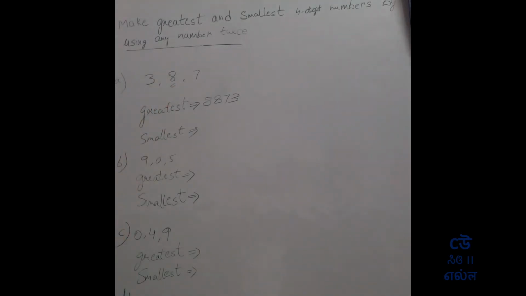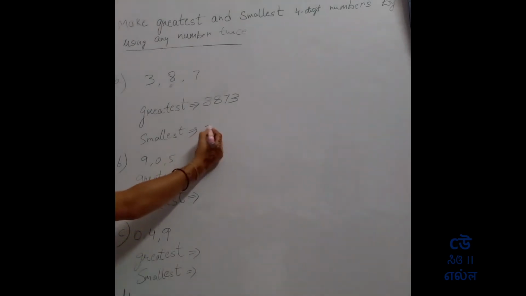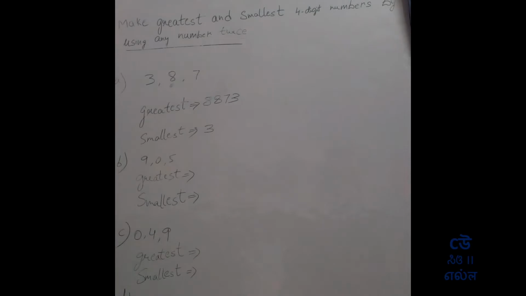Like that we find the smallest 4-digit number using these three digits. It's the same as how we found the greatest number. Which is the smallest in 387? 3 is the smallest, so we write that first. To find the smallest number, we use the smallest digit 3 twice.